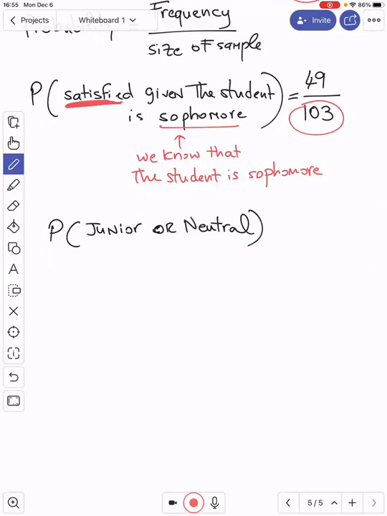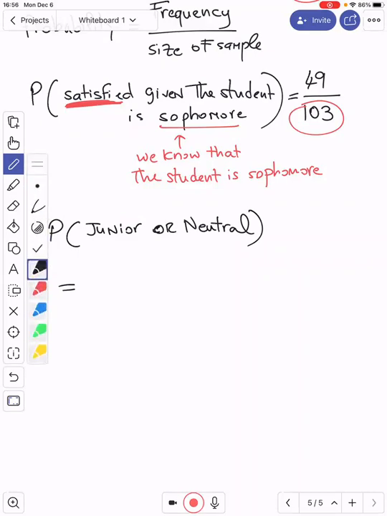So from the table, junior or neutral, right? So how many neutral and junior students do we have? So you can take a look at the table. So this is the probability that the student selected at random is junior or neutral.